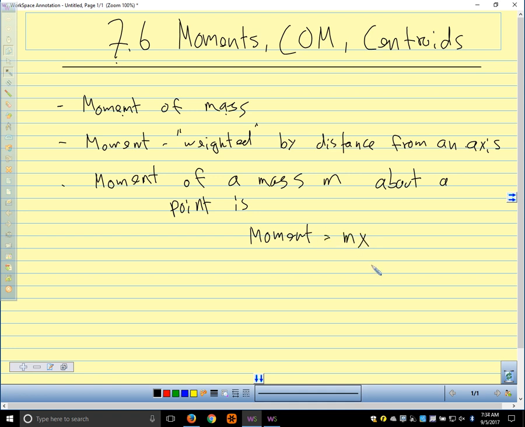X is the distance from the point. So we're talking about a one-dimensional kind of thing. We have a mass on the x-axis. We multiply the mass times this distance from a particular point. We call x the moment arm, the length of the moment arm.